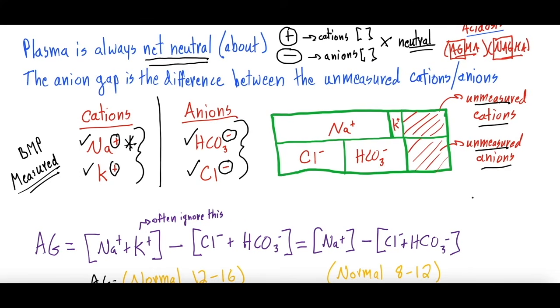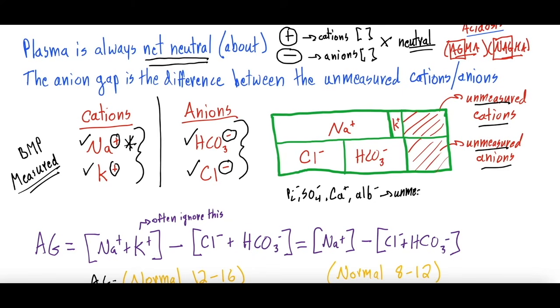Because we know that plasma is always net neutral, and we know that there are a lot of unmeasured cations and unmeasured anions: things like phosphate, sulfate, and calcium. Phosphate is negative, calcium is positive, and even proteins like albumin, which is negatively charged. All these are unmeasured.